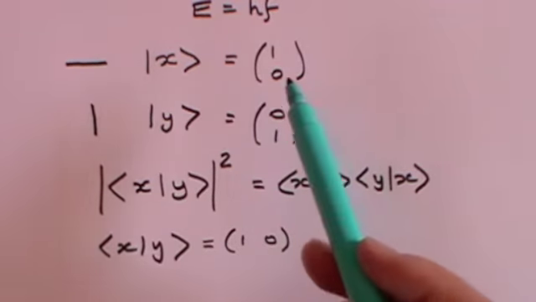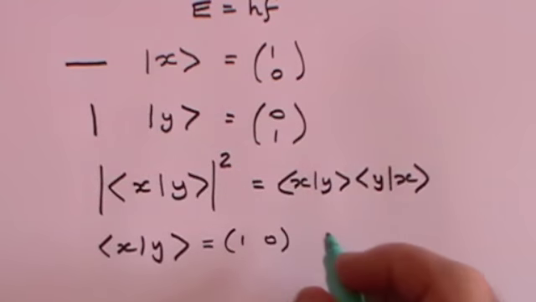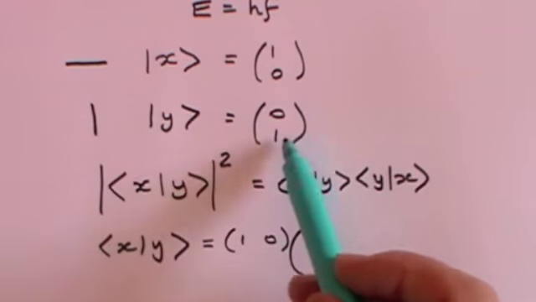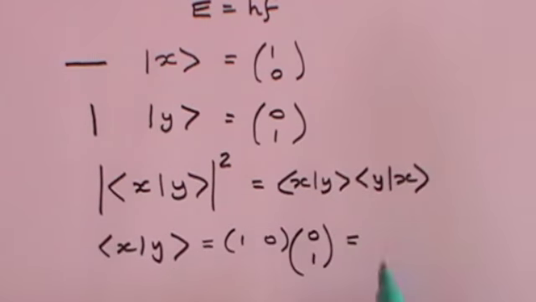You should actually complex conjugate it, of course, but there is no imaginary number, so there's nothing to do. And then you multiply it by the y vector as a column vector. And you know what the rule is, it's that times that plus that times that. So it's 1 times 0 is 0, plus 0 times 1 is 0, gives you the answer 0.